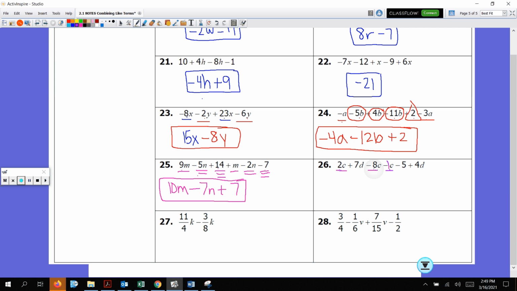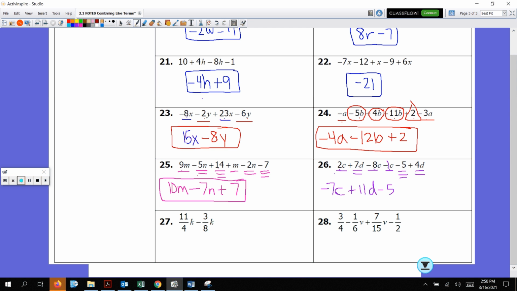So 2 minus 8 is negative 6 minus 1 is negative 7c. Now I have d terms, positive 7d and positive 4d. 7 plus 4 is 11. Don't forget your variable. And then I have just this one constant term here, negative 5.